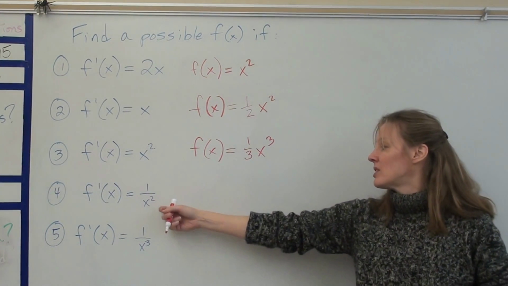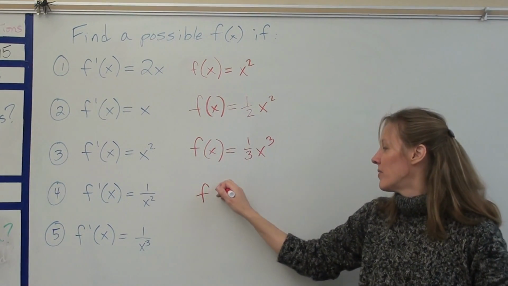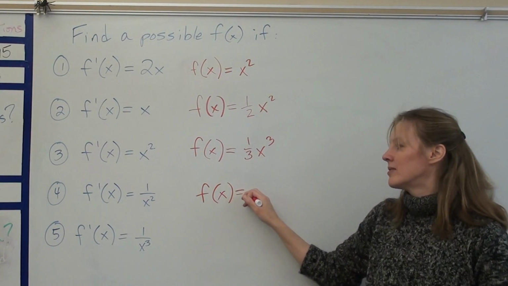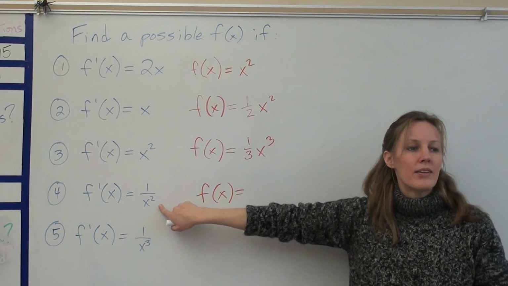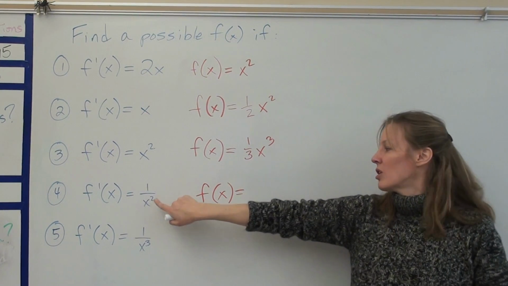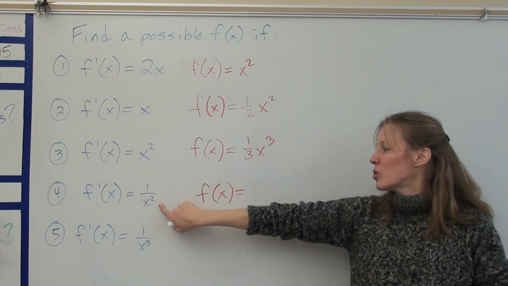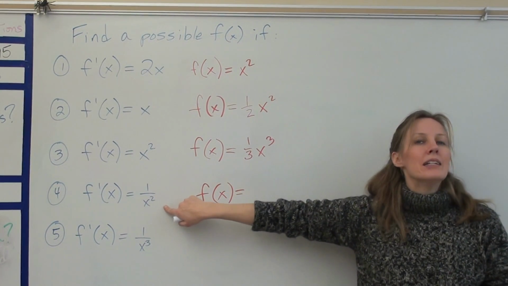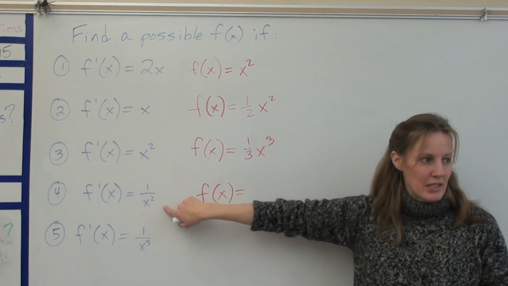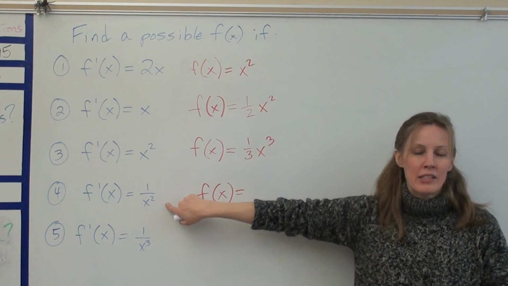Now, how would I rewrite this function, 1 over x squared, if I wanted to find the antiderivative? 1 over x squared is not root x. It's x to the negative second, which has nothing to do with roots.